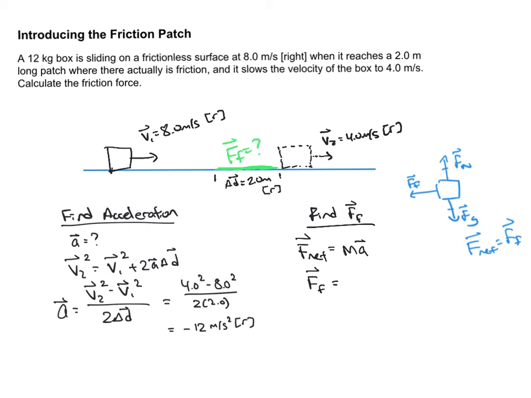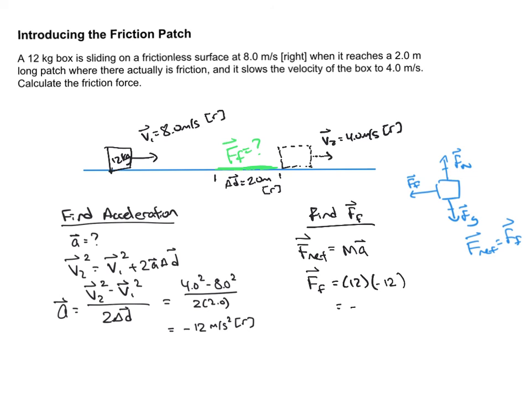And it's equal to ma, so the mass is given as 12 kg. Should write that in my diagram. And the acceleration, we calculated as negative 12. So 12 times 12 is 144, and this will be negative.